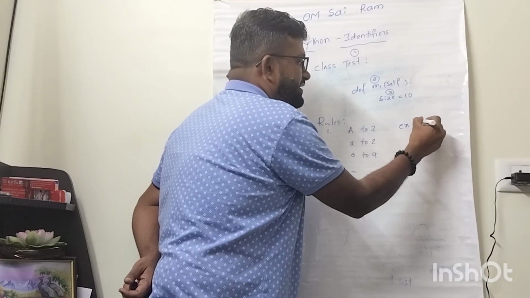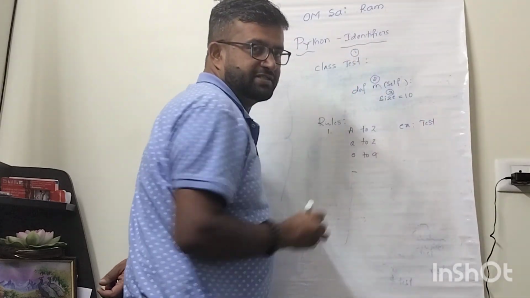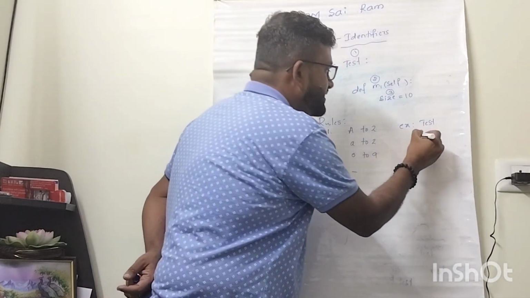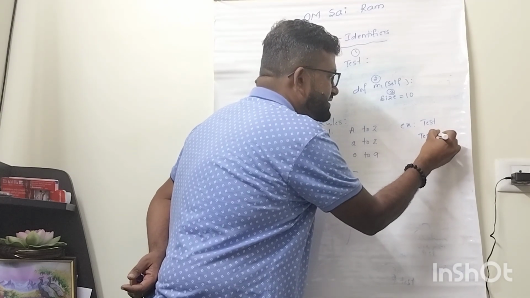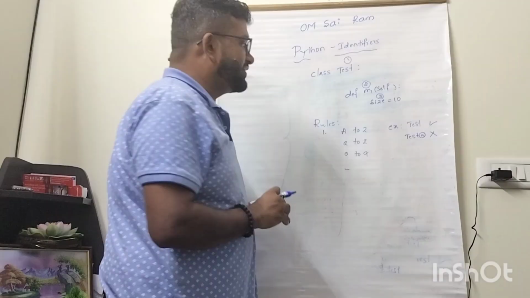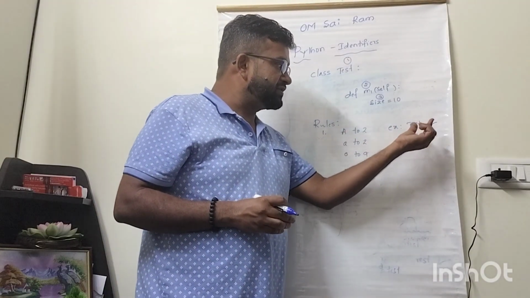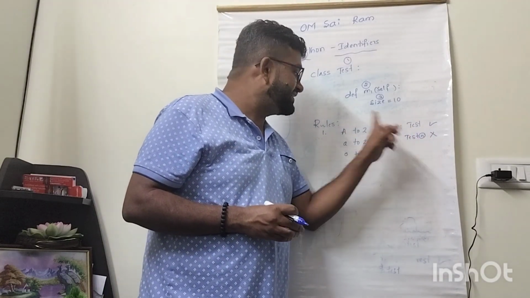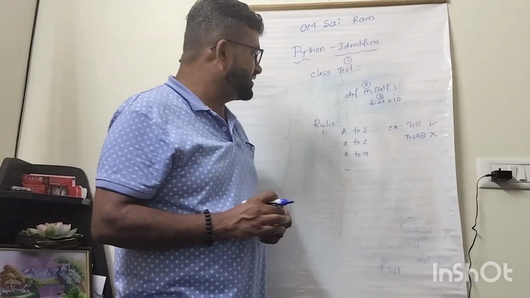If you write test with an at-the-rate symbol, this is an invalid identifier, because the at-the-rate symbol is not allowed. This is the first rule.